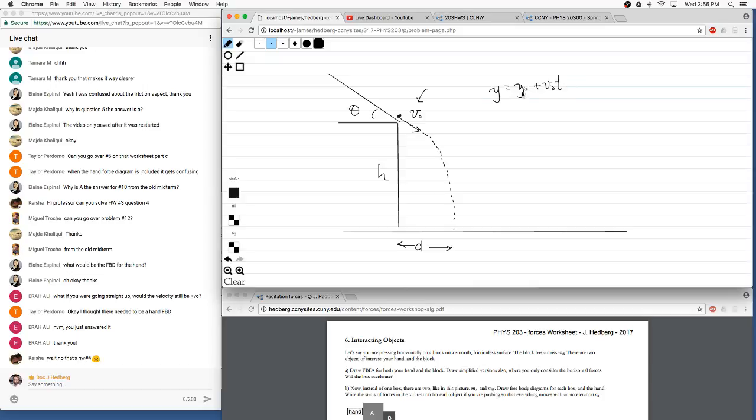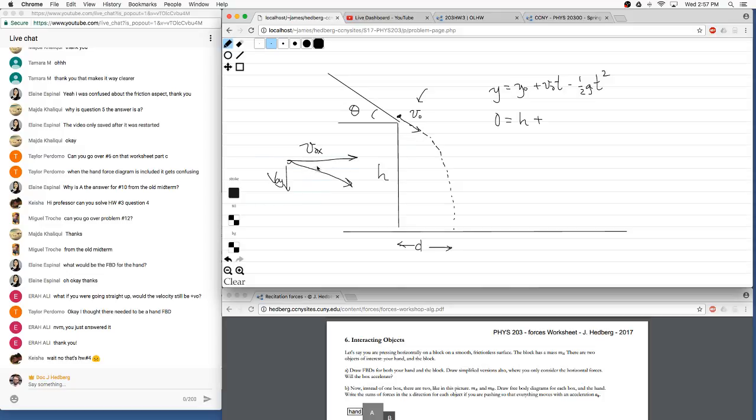So y equals y naught plus v naught t minus 1/2 gt squared. I know the final y is 0. The initial y is what we call h. The initial velocity is going to be, if I break up that v naught into components, v naught in the y and v naught in the x.